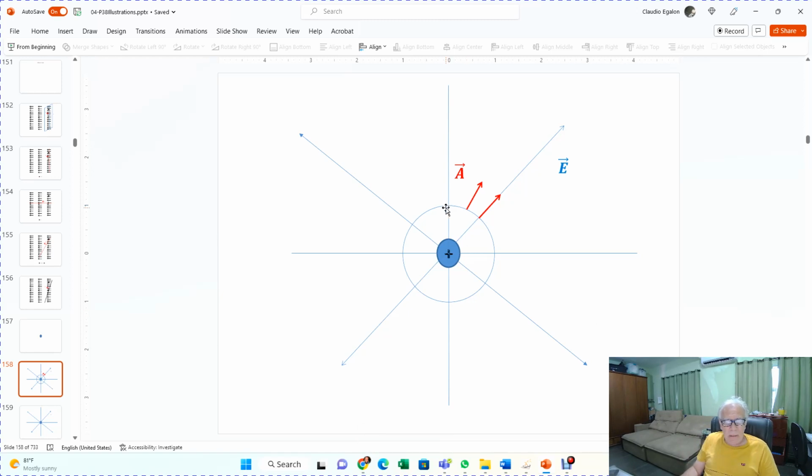If the sphere is centered at the charge, the electric field and the area vectors are going to be parallel to each other, right? And the electric flux is going to be the electric field at this point times the area of this sphere in this specific case.